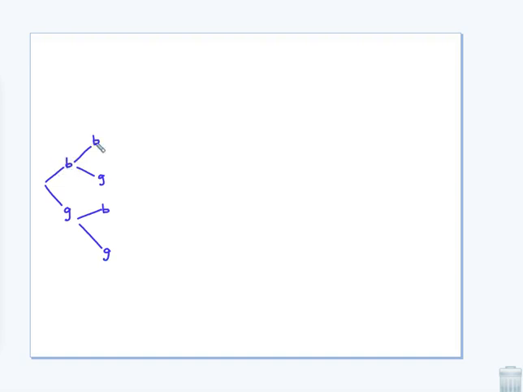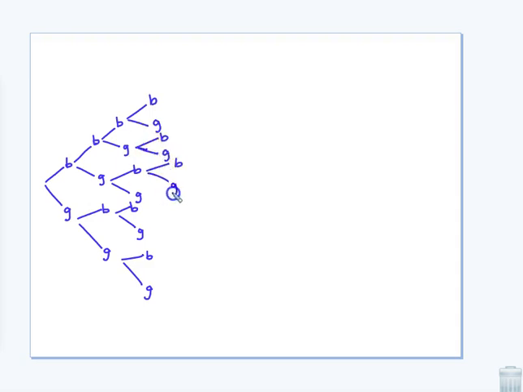So this is the first and the second child. Then we've got to add the third child. So I could have boy, girl, boy, girl, boy, girl, and boy, girl. And then I need to do the fourth child, boy, girl, boy, girl, boy, girl.